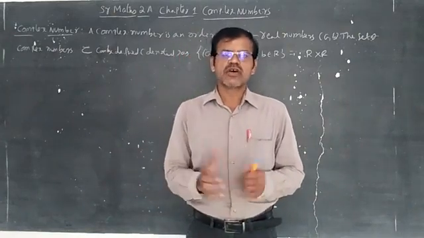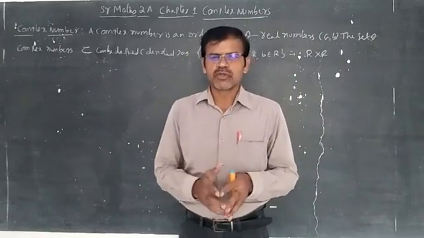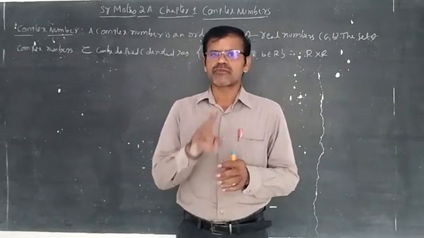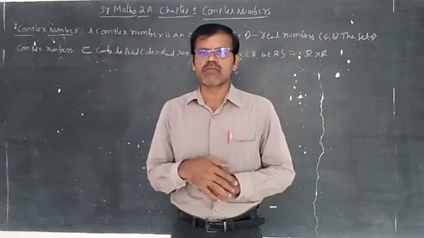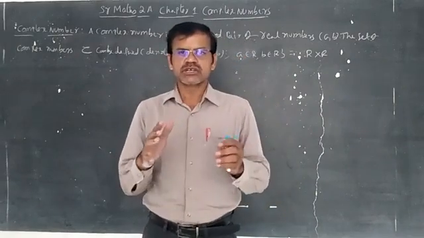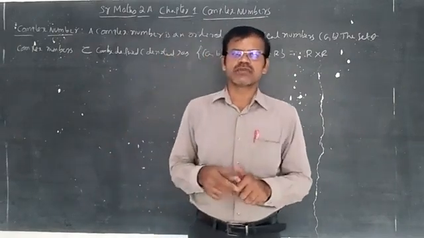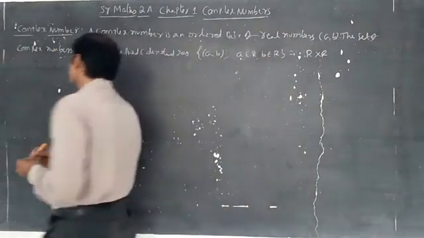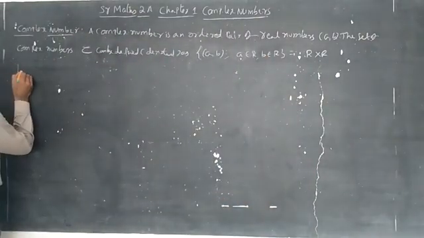Complex meaning more. It's a group. Here it's a group of two real numbers including an imaginary number. Such a group is called a complex number in proper definition. Let us write the proper definition.